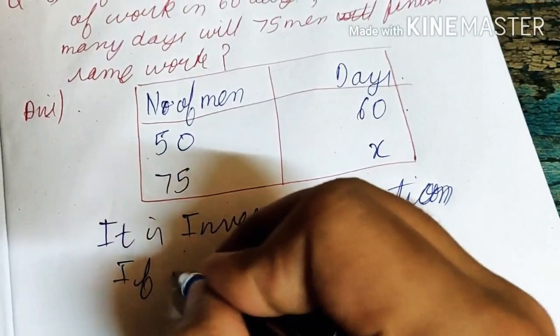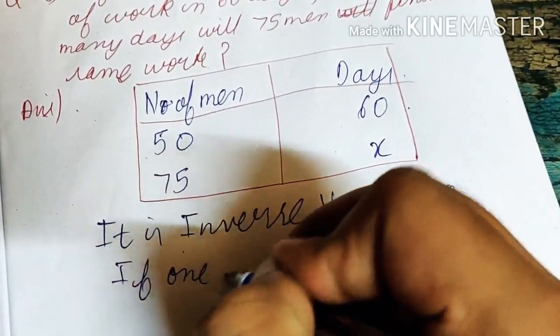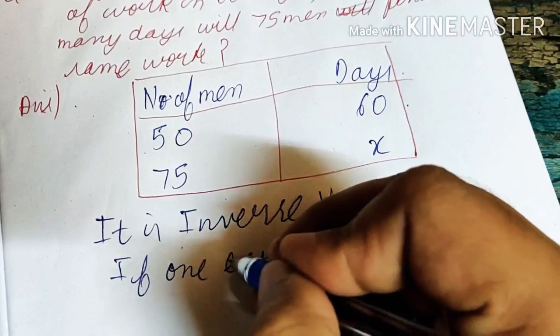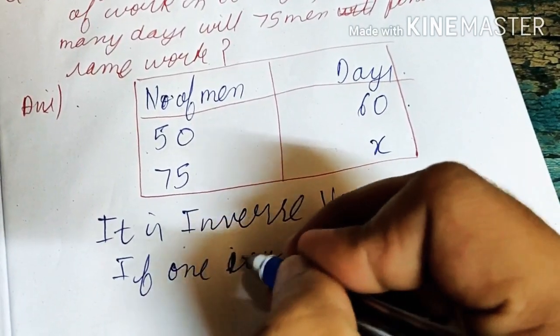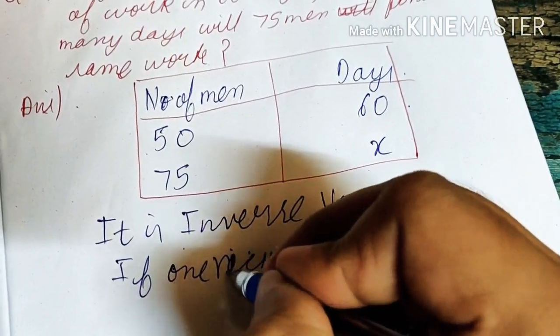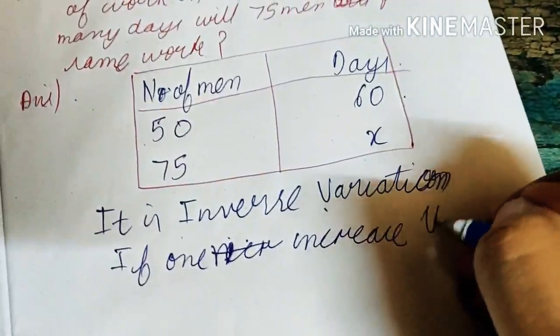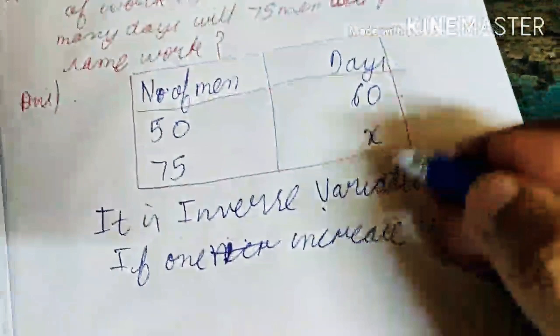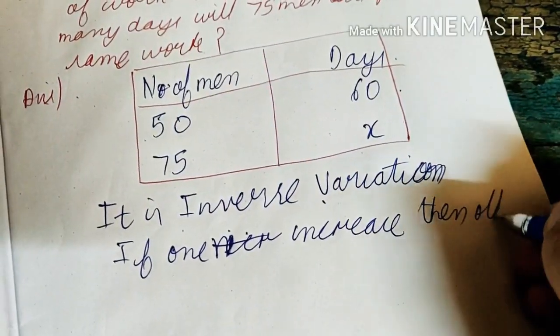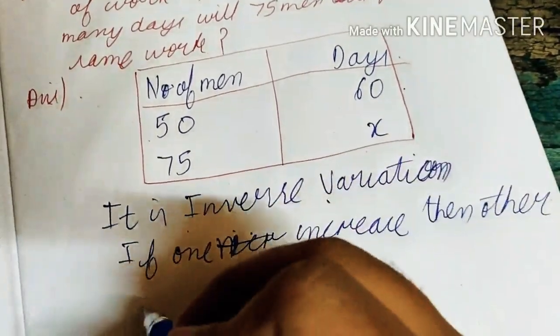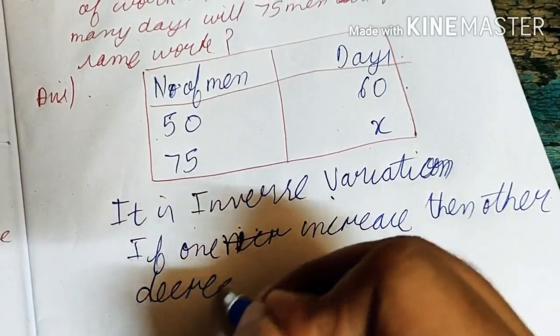If one thing increases, then the other decreases. Men was increasing and days were decreasing.